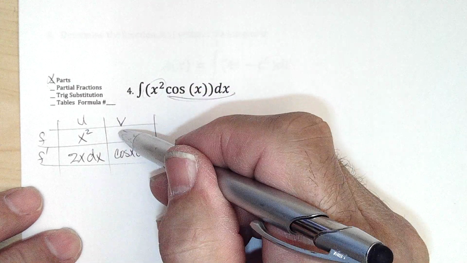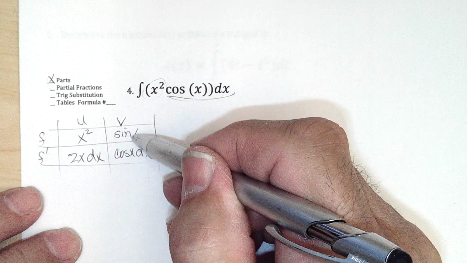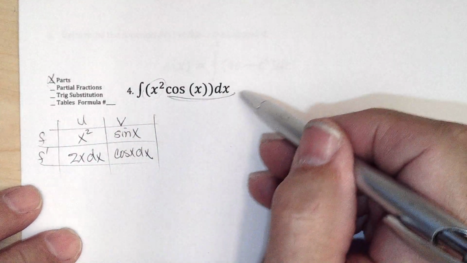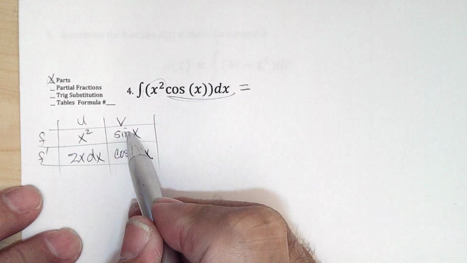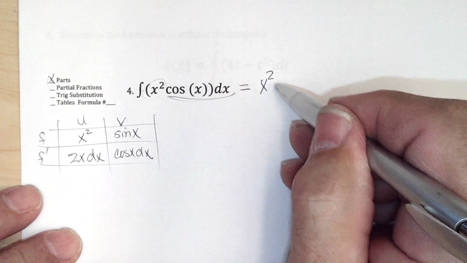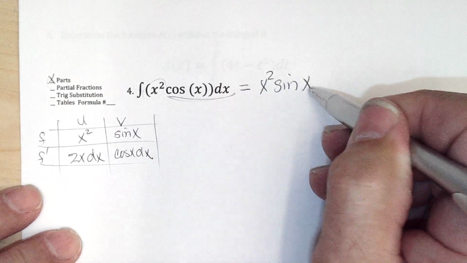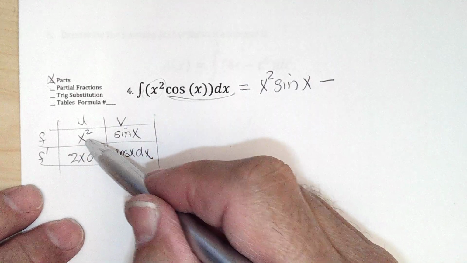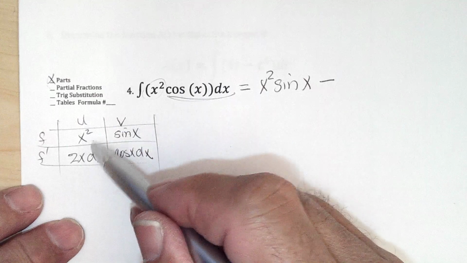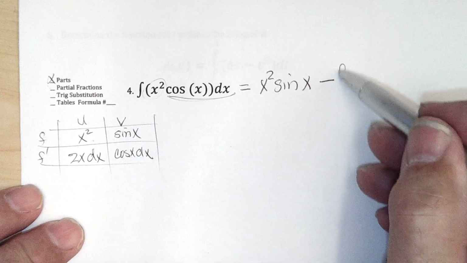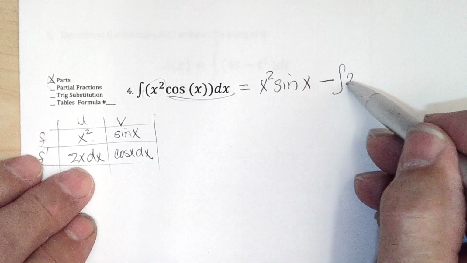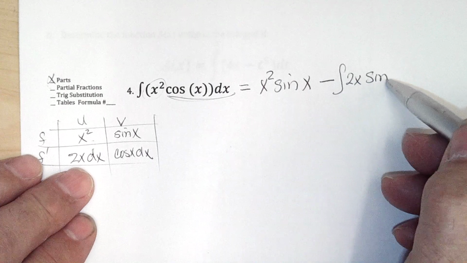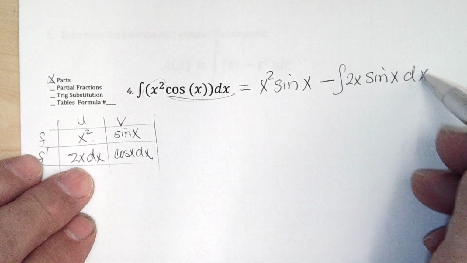Antiderivative cosine is sine. So this becomes u times v minus, these were these two, so I got to use these two in the integral. So that's 2x sine x dx.